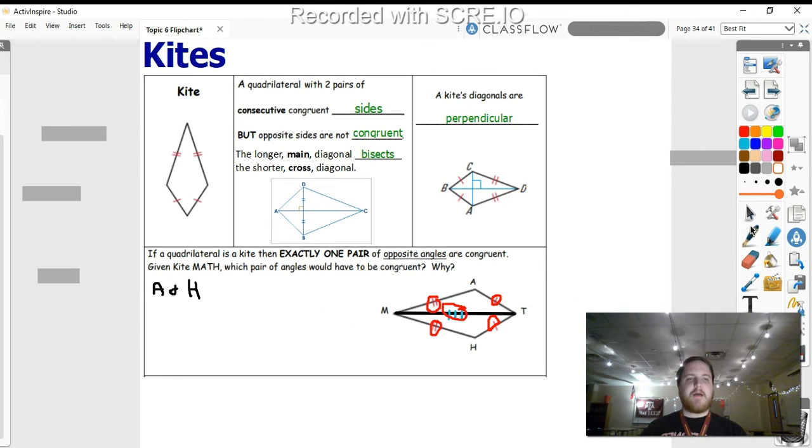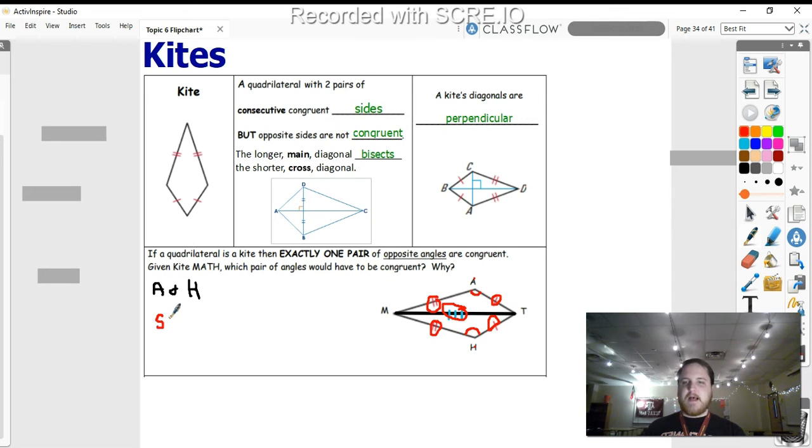So the reason that A and H have to be congruent is because triangle MAT and triangle MHT are congruent, and angle A and angle H are corresponding parts of congruent triangles. When it asks why those are congruent, you've got 2 answers.